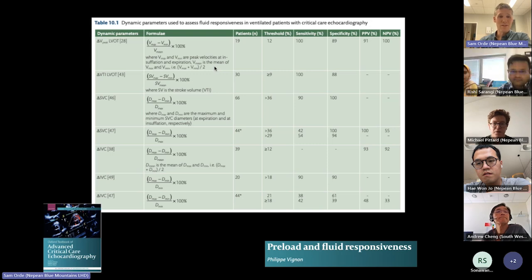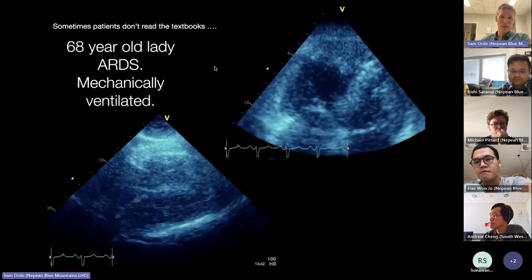And the best one that you can see from the literature is the change in the SVC diameter. It's probably, I would argue, the most reliable, maybe, because you don't have the caveats of transthoracic imaging from the LVOT and the IVC. But they've all got caveats and they ain't perfect. Okay.